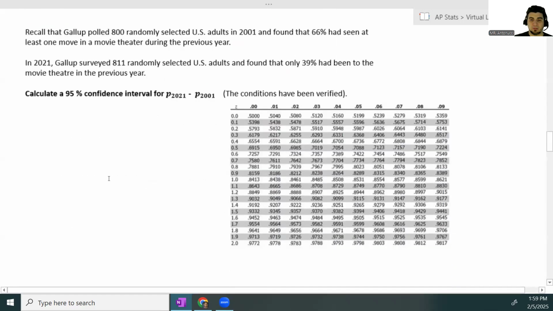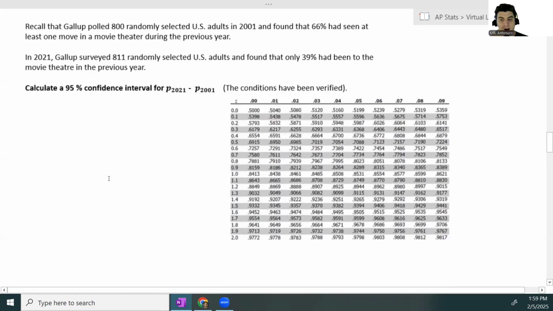We're back to that Gallup poll previous, and we want to calculate a 95% confidence interval for the difference in proportions. So the first thing we're going to do is our point estimate, which is 0.39 minus 0.66 plus or minus. Now we have to figure out the Z star critical value.